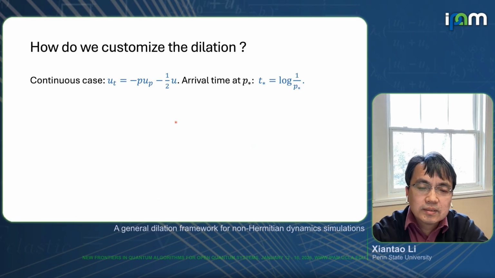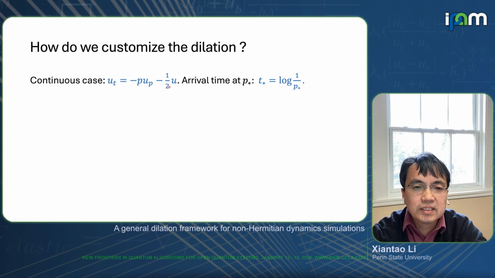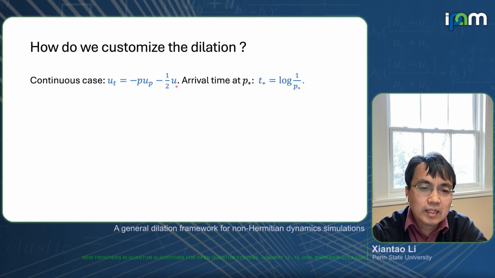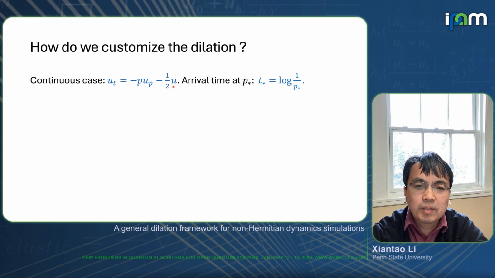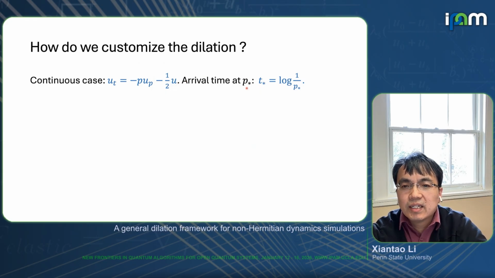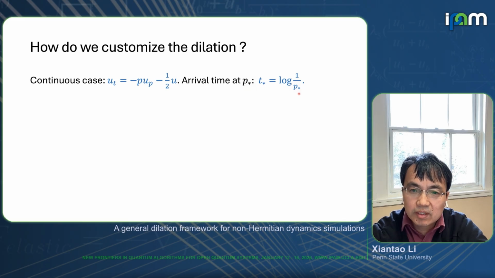One way to understand this propagation of the error from the boundary back into the interior is to look at the continuous case where the operator f is this differential operator. What happens is that this equation is a first order differential equation. It has a finite propagation property. Namely, the error from the boundary will arrive at a point P in the interior at a time that scales like log of 1 over P star.